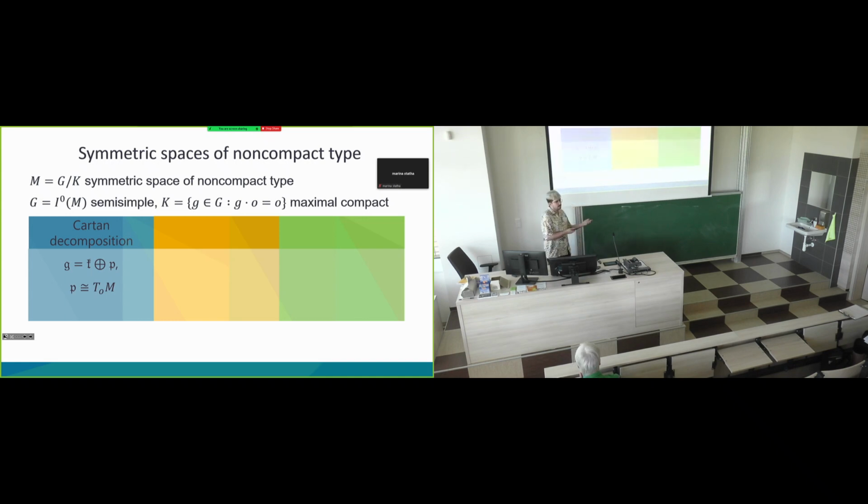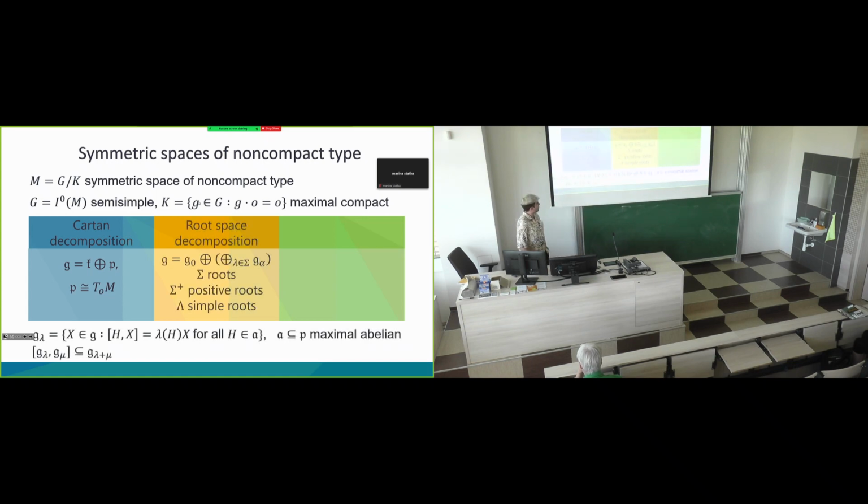Since we're working with symmetric spaces of non-compact type, we have some of these nice algebraic properties that Juanma told about before. So we have the Cartan decomposition, G equals K plus P, where K is the isotropy Lie algebra and P can be canonically identified with the tangent space to our symmetric space.